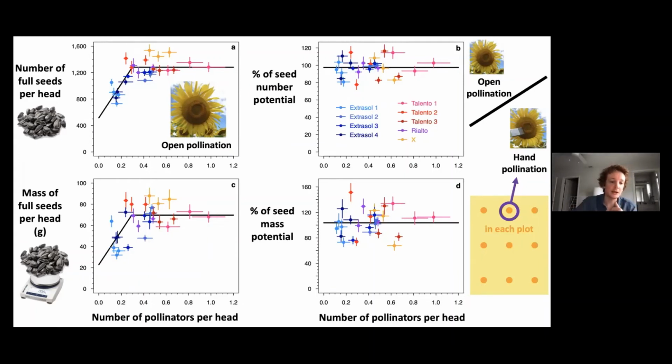And so, at the same time, we have more pollinators per head. And so we reached the yield potential at the minimum pollinator density of 0.2 pollinators per head.